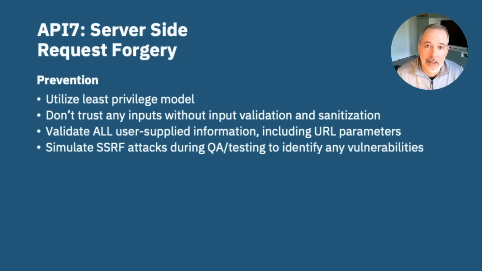So if you're expecting a LinkedIn URL to be provided and you get something that doesn't start with linkedin.com, then throw it away, right? That's not adhering to the expectations of your application. And then simulate these types of attacks, these types of SSRF requests on your APIs, and see if you actually have those types of vulnerabilities present in your application.